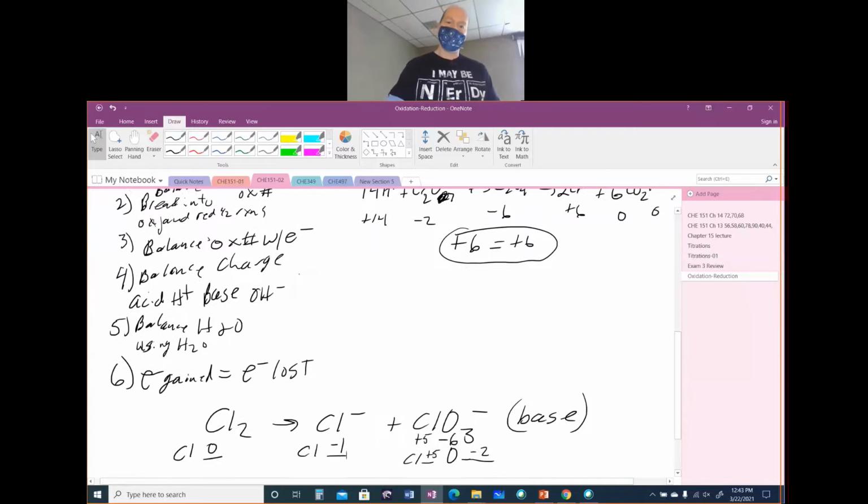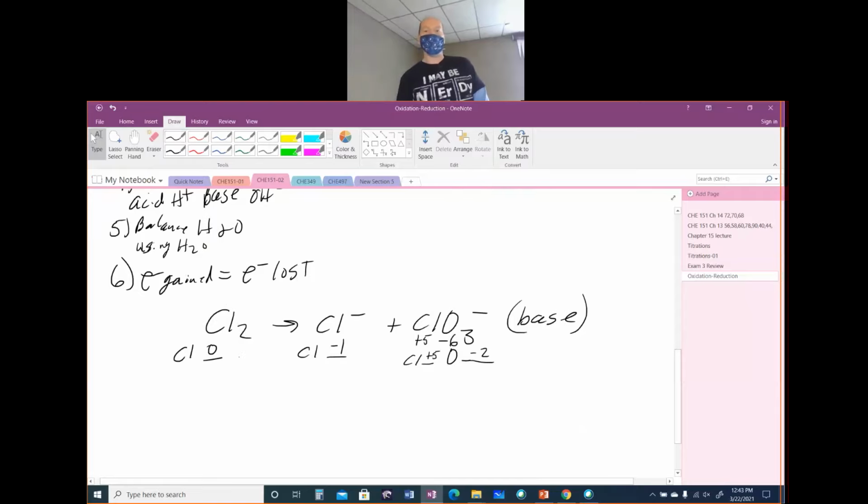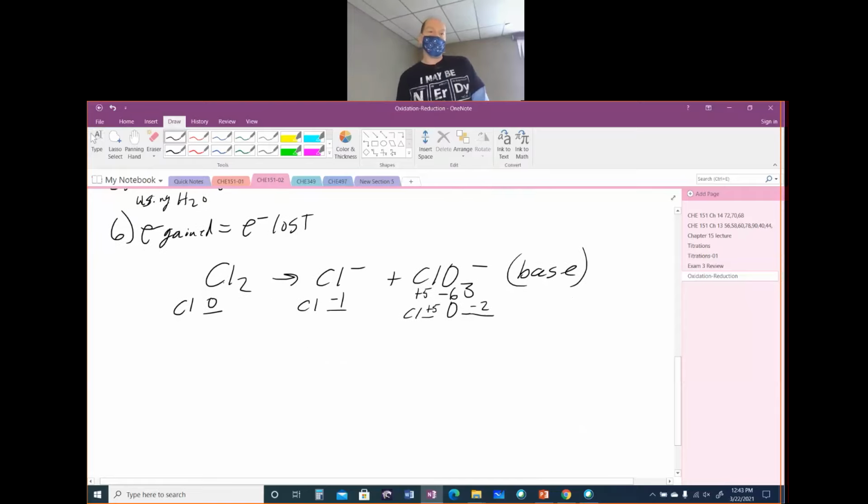I got to that point because here we only have one reactant. We only have Cl2. And when you only have one reactant, it's going to be pretty simple. You can write it twice if you want to, so you have two different molecules. And you would say, here is the oxidizing agent, and here's the reducing agent.